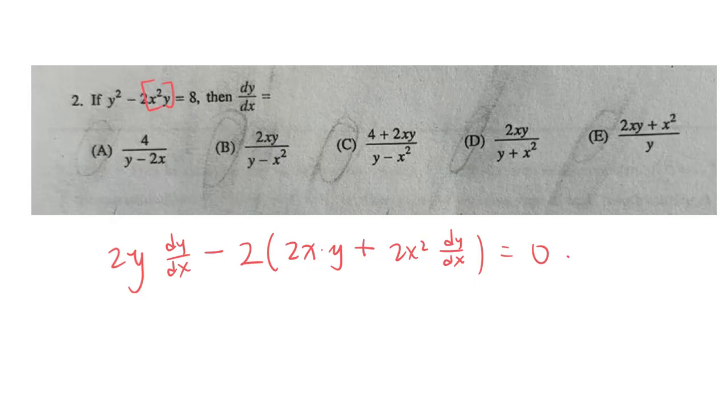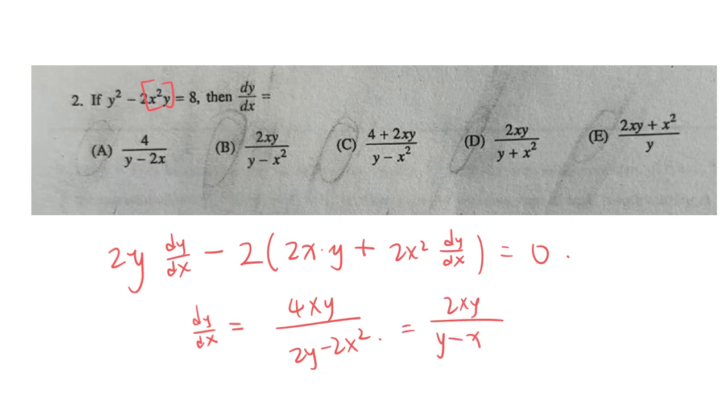And then we can isolate dy over dx. So dy over dx should be equal to 4xy over 2y minus 2x squared. Then we might want to simplify this because the answers are usually simplified like this, and we check which one corresponds. So it's this one actually.